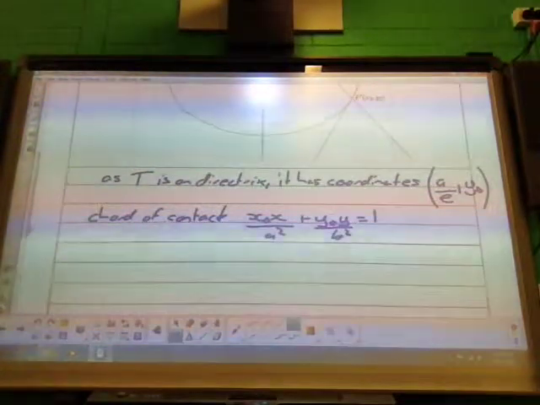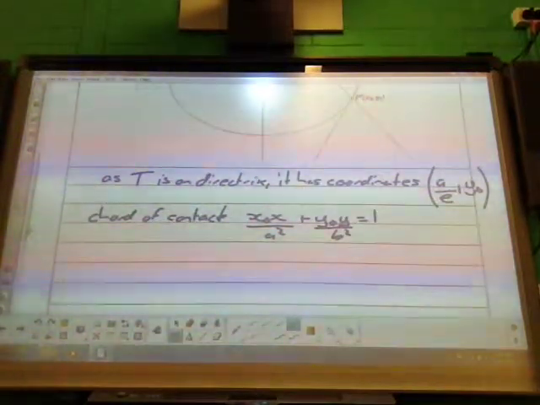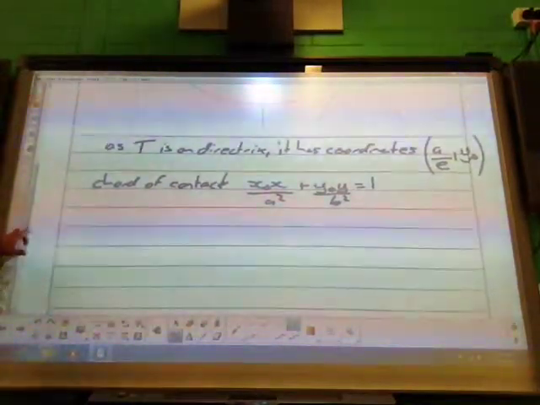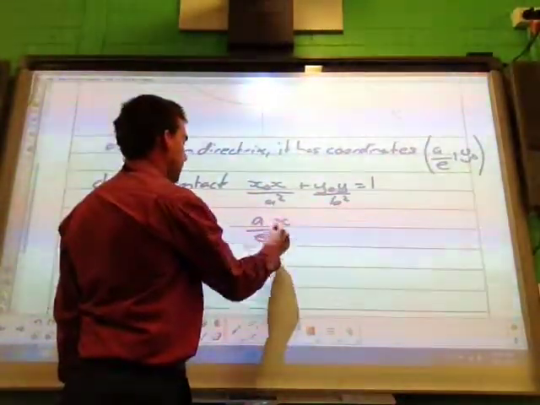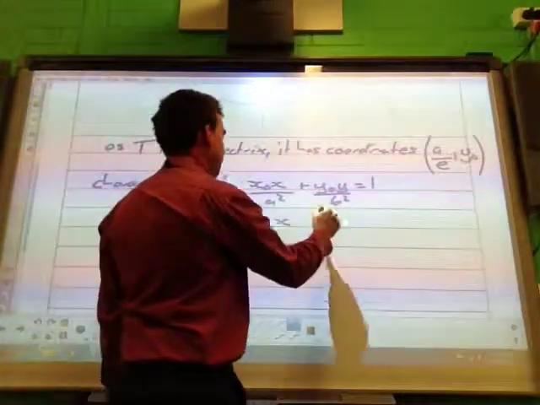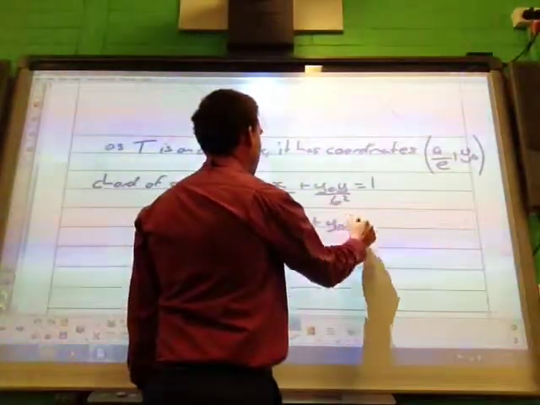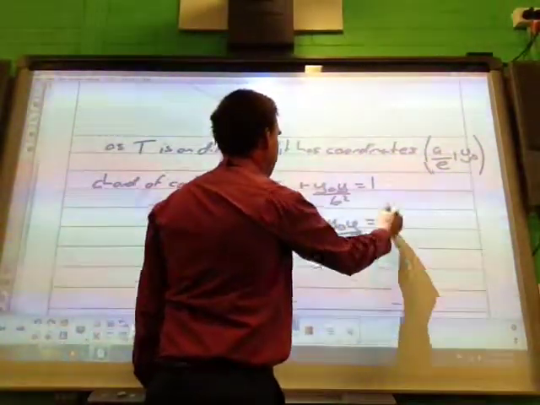Right, so I'm going to substitute that point T in there, of course, so now I know what the x value is. So a over e times x all over a squared plus y naught y over b squared is 1.